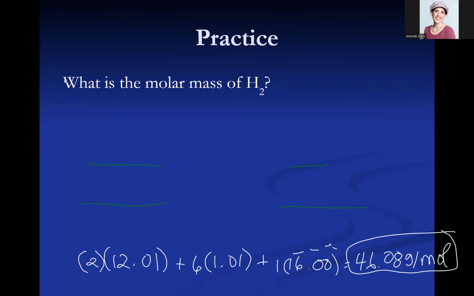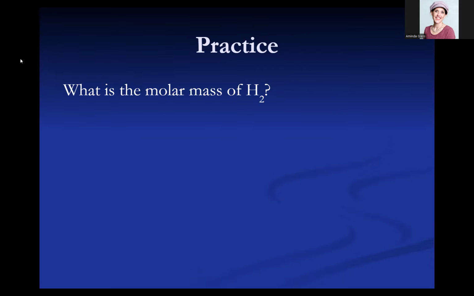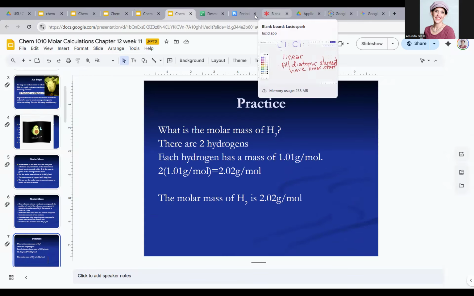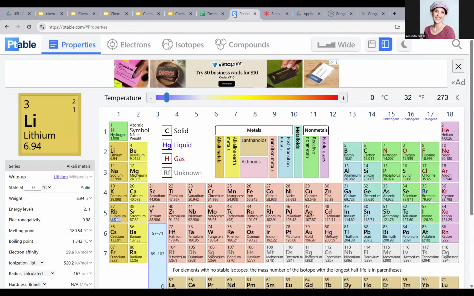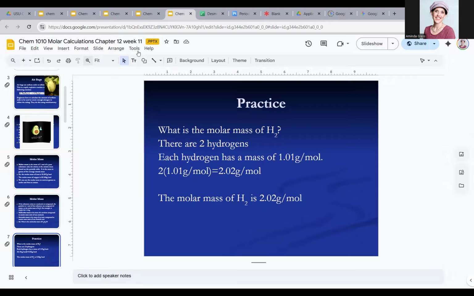You have to use the periodic table. You're going to struggle if you don't. So here, what's the molar mass of hydrogen? Let's go to our periodic table. Hydrogen, 1.01, because remember I said it's okay if you just take it to 2 decimals. But I have 2 of them.